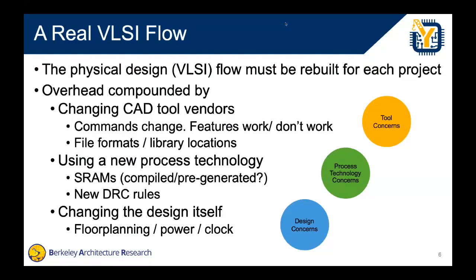And the last concern is your design concerns, which is what hopefully you want to spend most of your time on: what the floor plan looks like, how many power domains I have, where all the clock domains are, things like that.